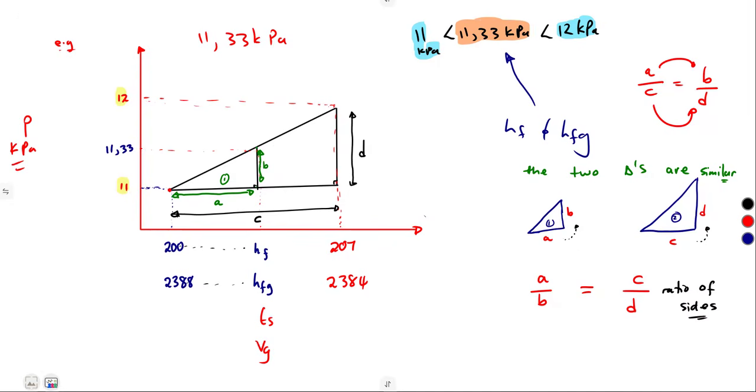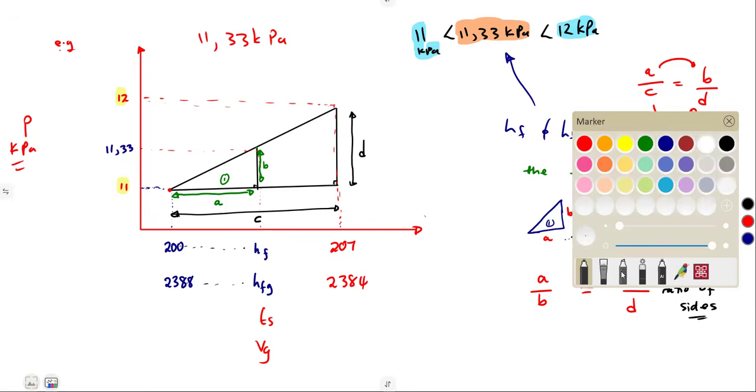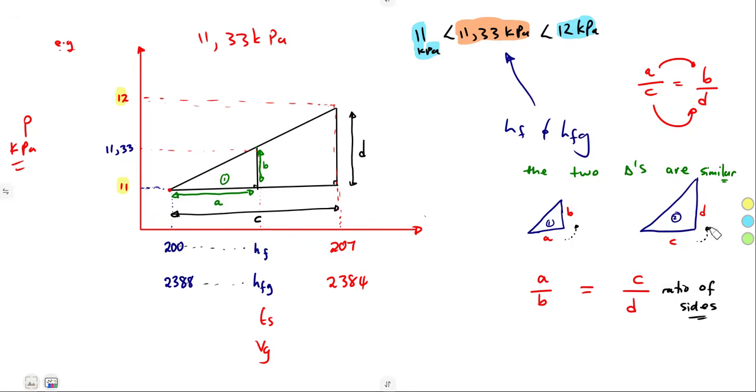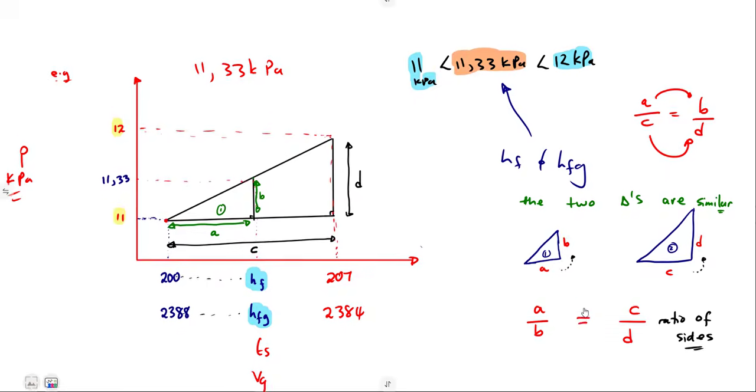Using this ratio, you can solve for any unknown value. But in our case, we are focusing on HF and HFG, the ones to be calculated. So let us apply this mathematically.